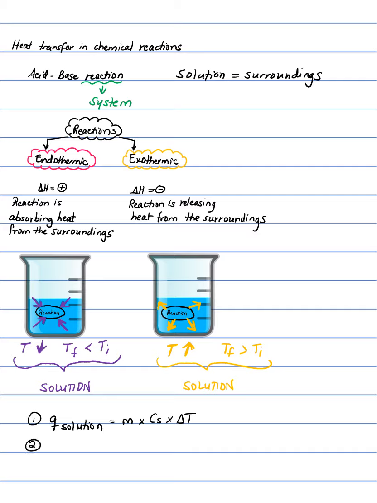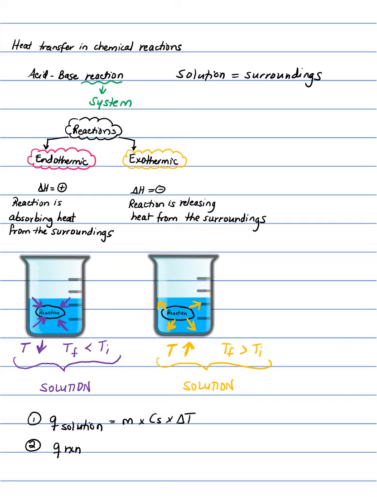The second thing, we're going to write down the amount of heat for the reaction, Q rxn. So the heat of the reaction is the same numerical value as the heat for the solution.